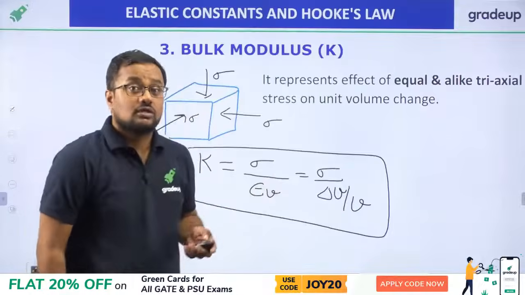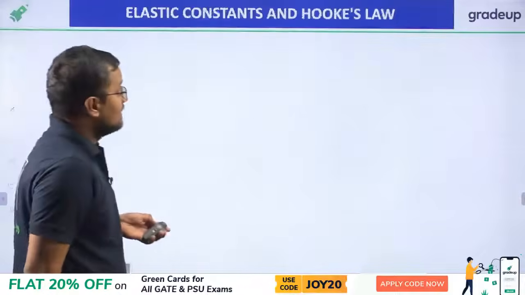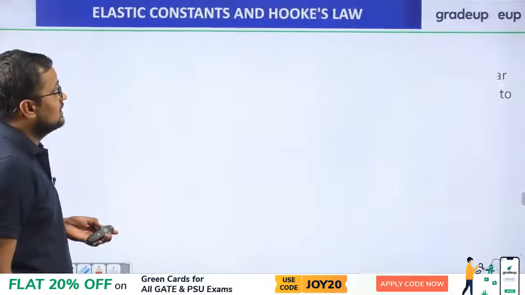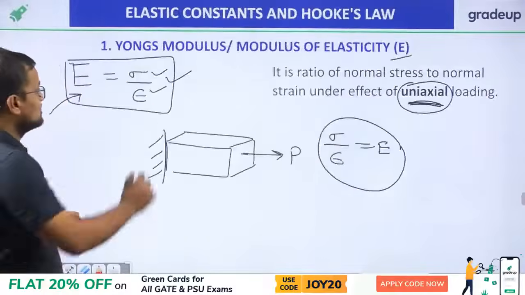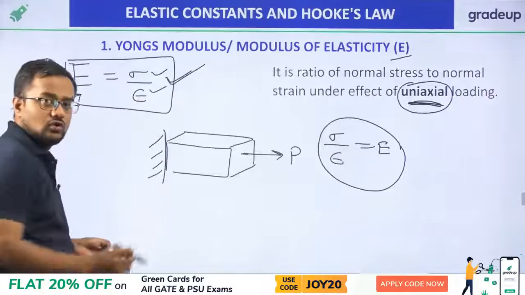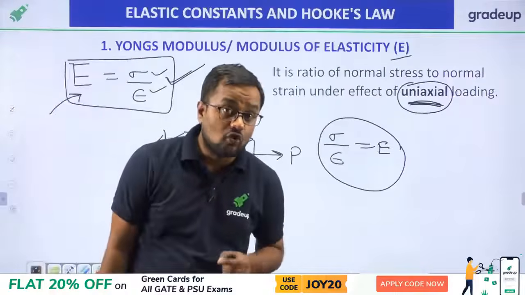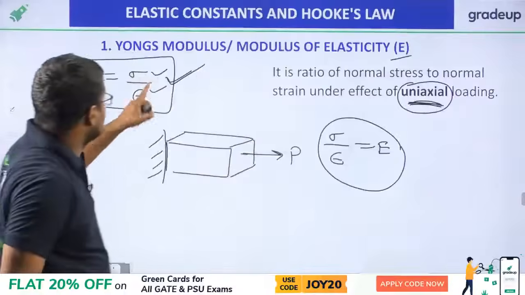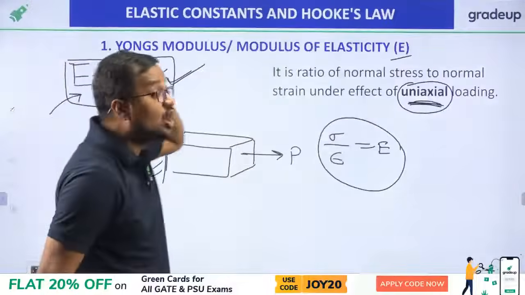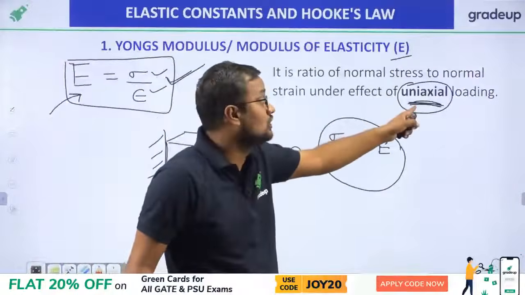Once again, I have discussed normal stress here. Normal stress by normal strain is Young's modulus, all of you know. But there are 2 points to focus on. First, normal stress by normal strain is Young's modulus only and only for uniaxial loading.